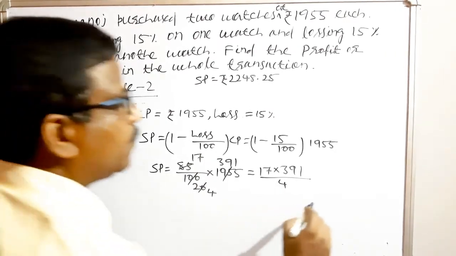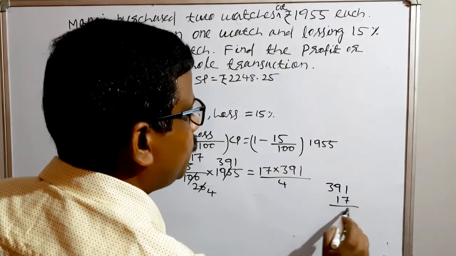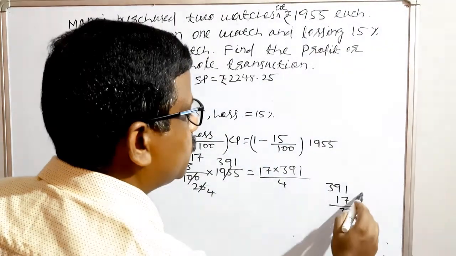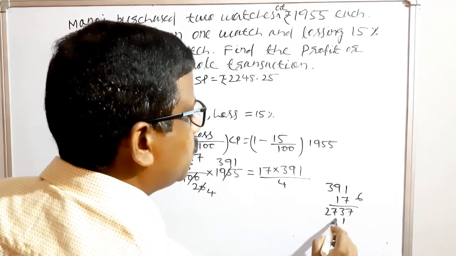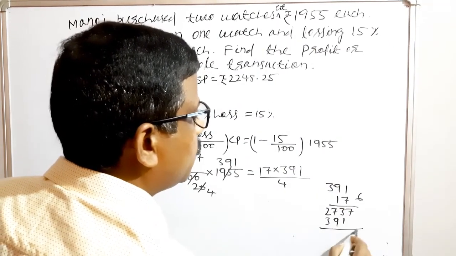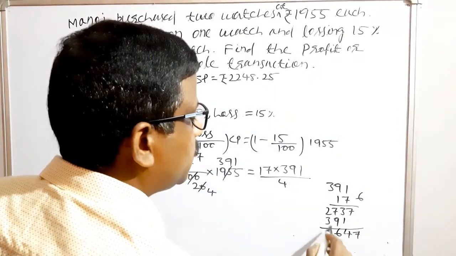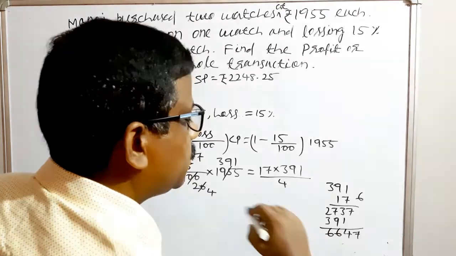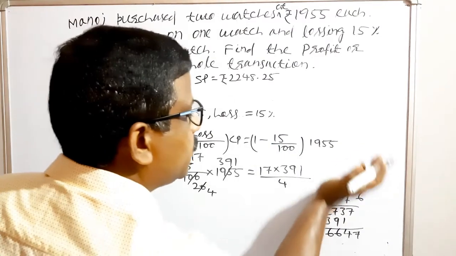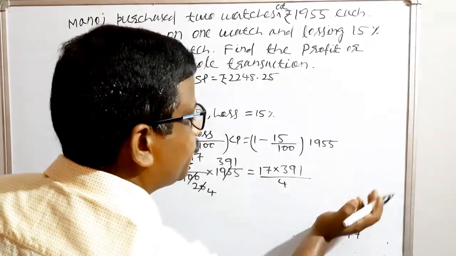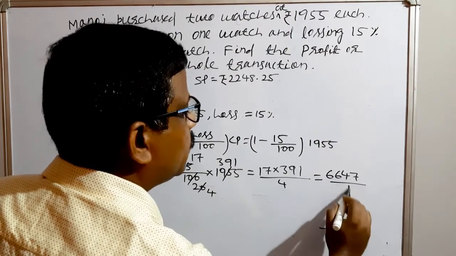So 391 into 17, we have to multiply. It comes to 6647 divided by 4.